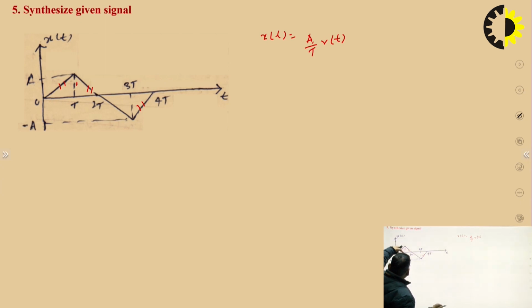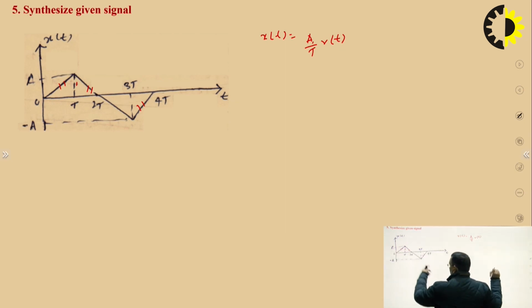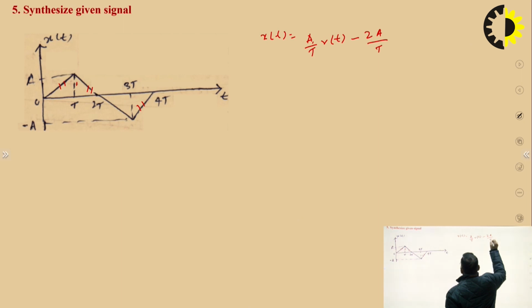Now at t is equal to capital T, the slope is negative. The first slope is positive, then the slope becomes 0, then negative. So what we will do is add minus 2A by T, r(t-T).